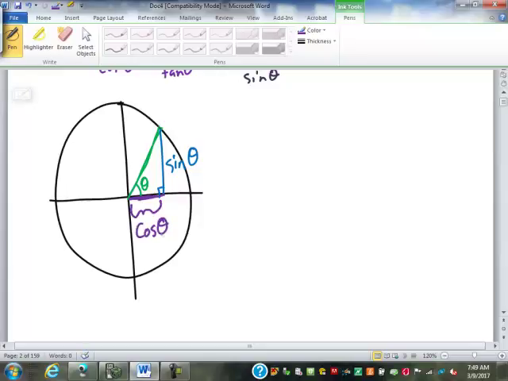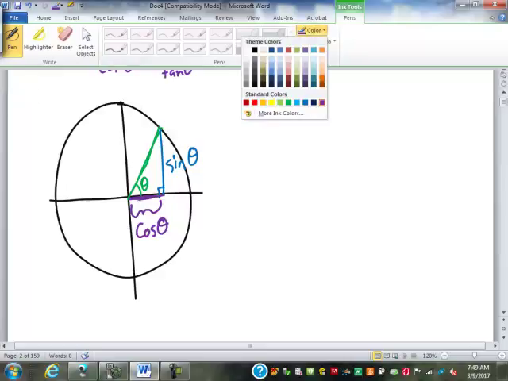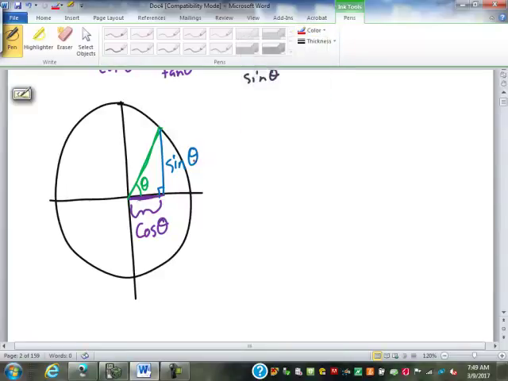This is a right triangle, and in a right triangle, there's a relationship between the legs, in this case, the cosine and the sine, and the hypotenuse. Well, how long is this hypotenuse going to be, by the way? 1, because it's a unit circle. The radius of that circle is defined to be 1, and that hypotenuse is the radius of the circle. So that radius is always going to be 1.